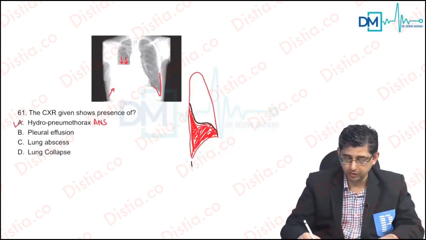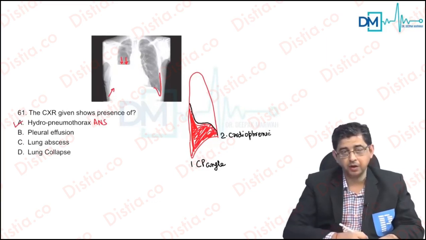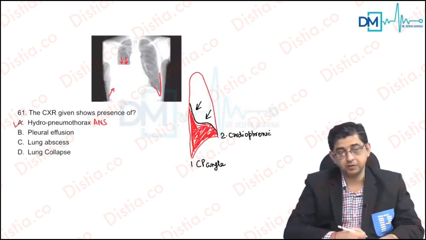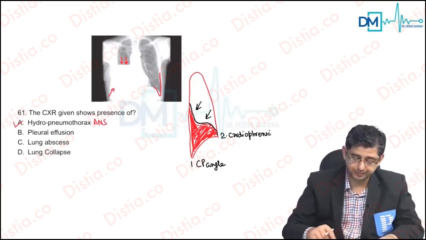It will first cause obliteration of the costophrenic angle, then obliteration of the cardiophrenic angle. So the costophrenic and cardiophrenic angles will be obliterated sequentially. But then you will notice this S-shaped concavity and then a slight convexity with pleural effusion, whereas in this image you can see that there is a straight border.